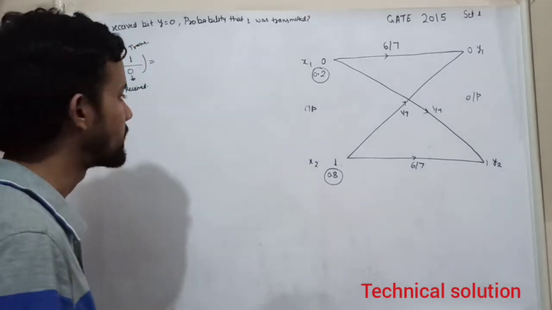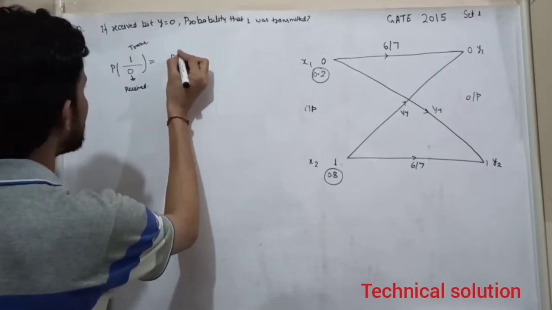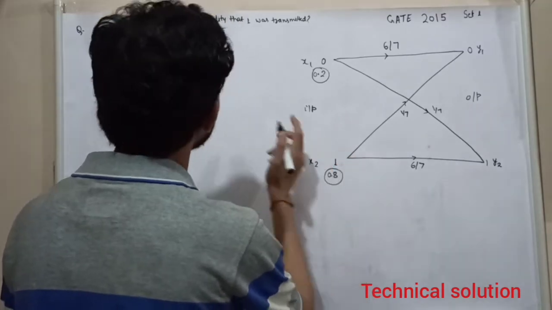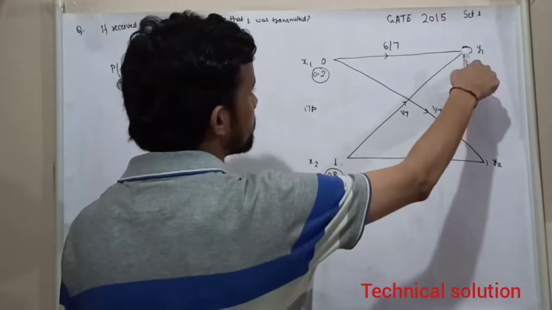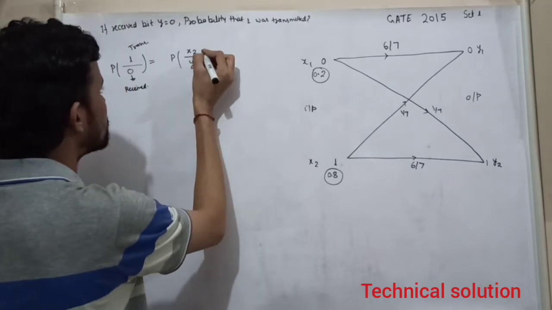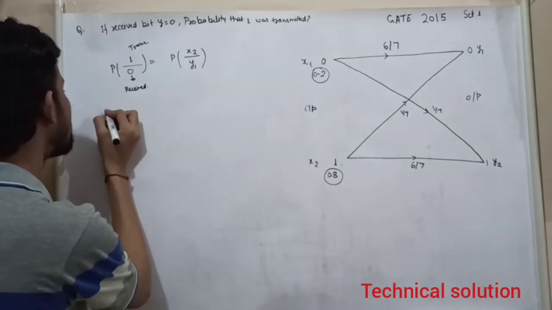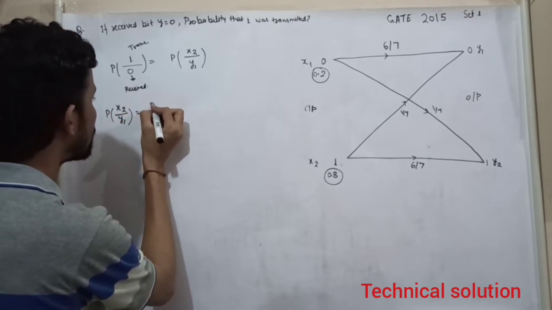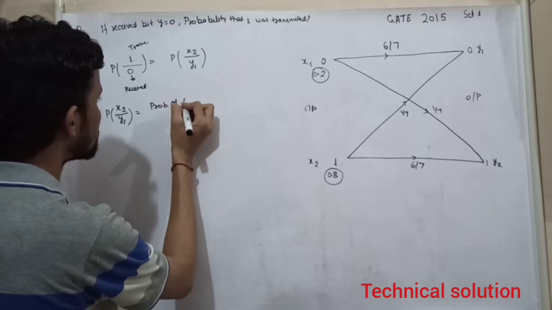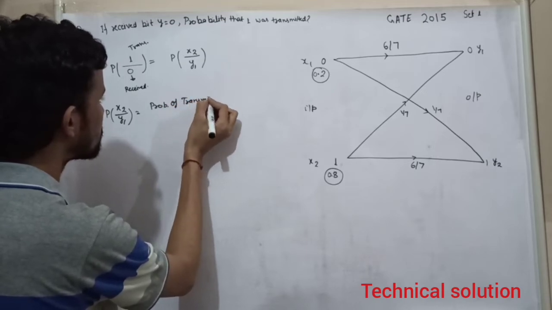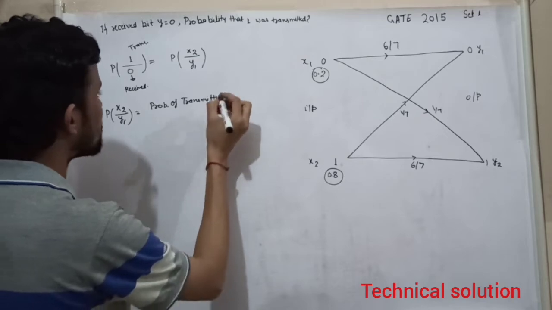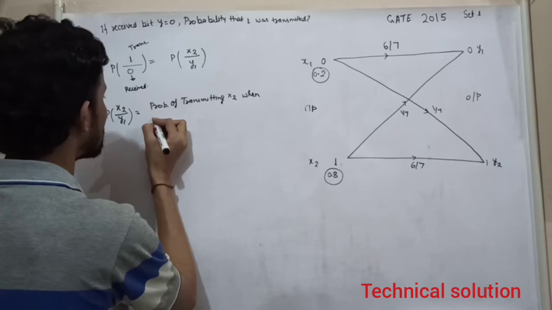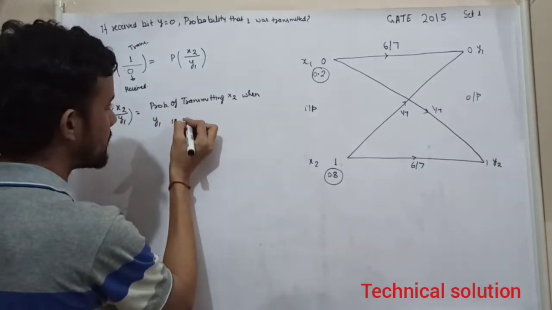In terms of x and y, it is written as the probability that 1 is transmitted, this 1 is x2, when y1 is already received. We can also write it as P(x2/y1), that is the probability of transmitting x2 when y1 is already received.